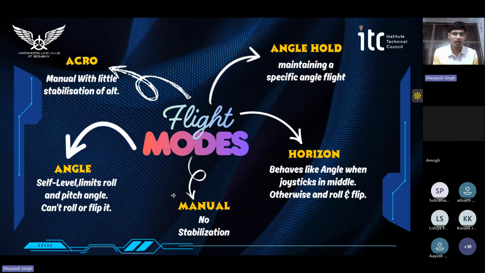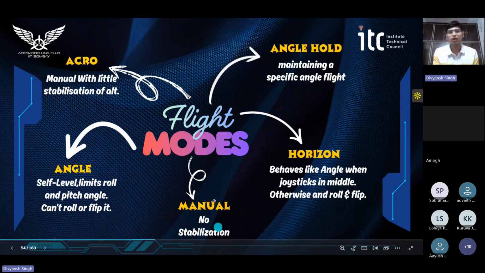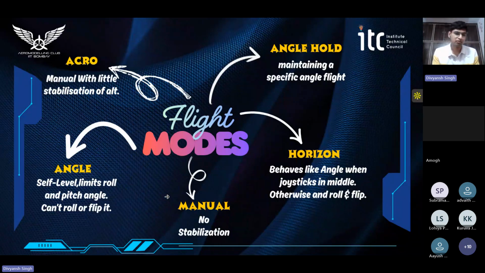If the pilot wants to control every single servo and every motion, then you can use the manual mode. Here, the firmware, which is INAV, has no role. No stabilization is provided by it.